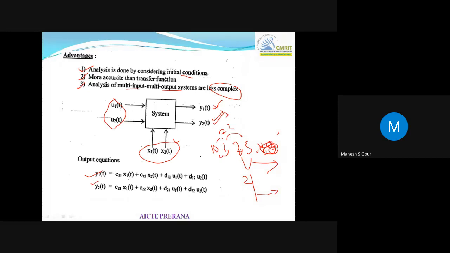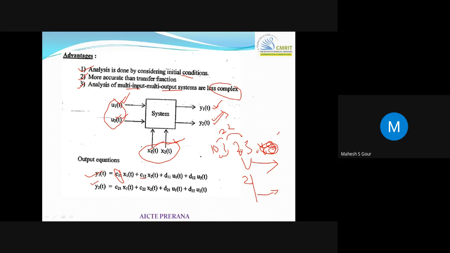They are dependent on u1, u2, x1 and x2. I'll take with respect to the initial condition. So here I am multiplying x1 with one constant and x2 with some other constant. And u1 and u2 will be multiplied with different constants labeled as d11 and d12, right?